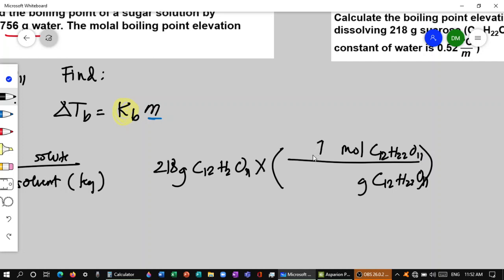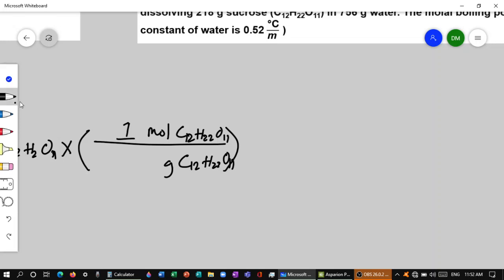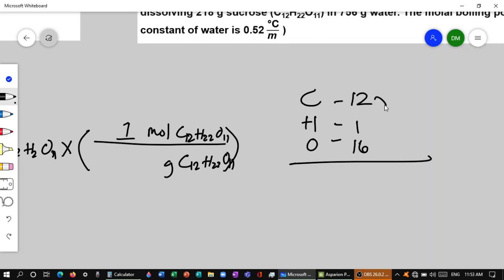So 1 mole of sucrose is how many grams? And again, for this, we need to find out the molar mass of this molecule here. So let's add all the masses here. So C, H, O. The mass of carbon, if you check on your table of elements, it's 12, hydrogen 1, oxygen is 16.